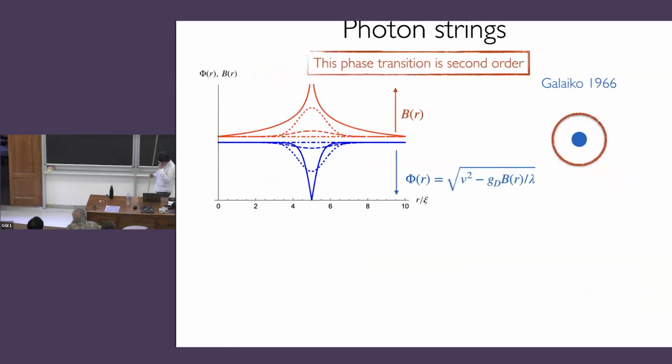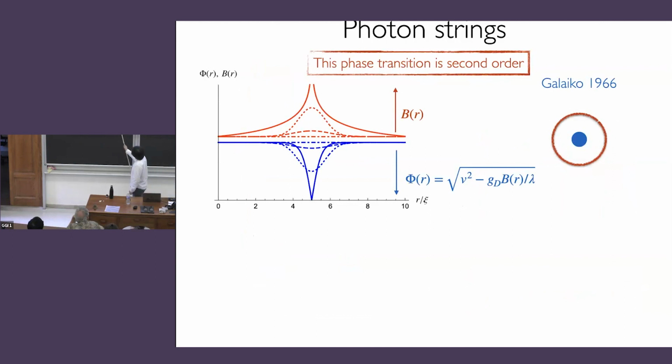Okay, so it took 10 years, and then Galecko realized that this phase transition between this phase where phi is a constant and B is constant, and the phase which contains these vortices, is actually a second order phase transition.